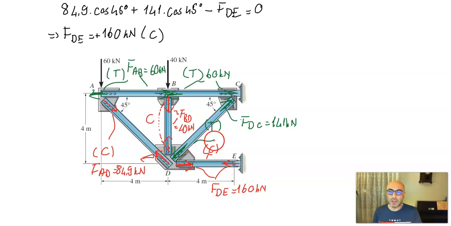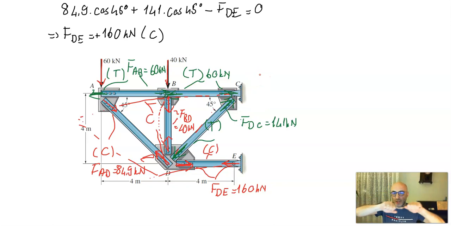As you can see, looking at this whole truss globally, under this force and this force, it tries to bend downwards. So these red members will be under compression, and the top chord will be under tension. You can visualize it bending downwards.